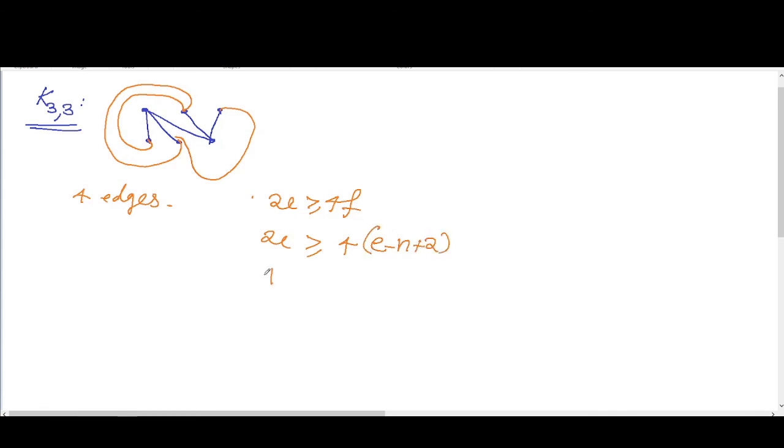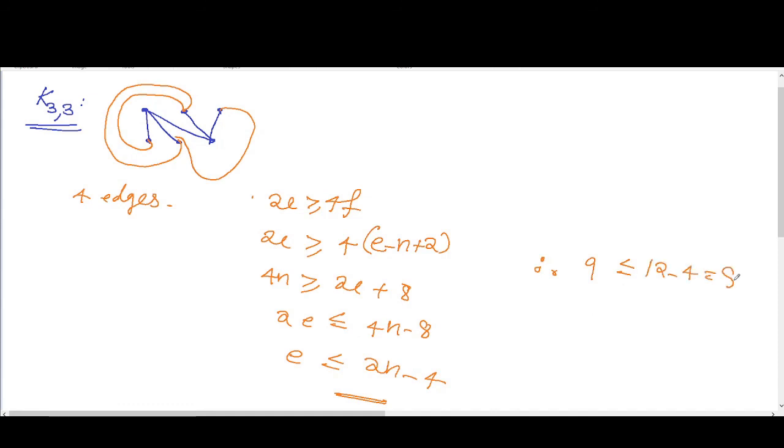That means 4n is greater than or equal to 2e plus 8. That is 2e is less than or equal to 4n minus 8, that is e is less than or equal to 2n minus 4. So here we have 9 less than or equal to 12 minus 4, that is 8, which is a contradiction, and so K33 is non-planar.